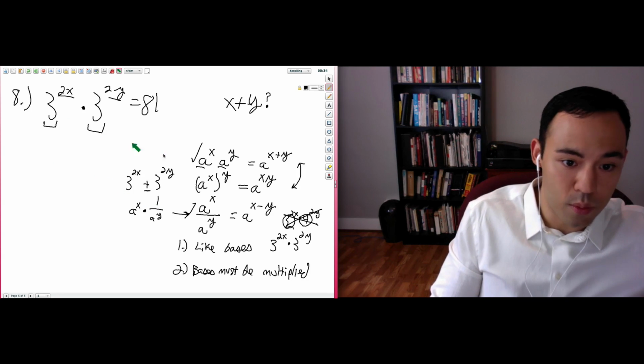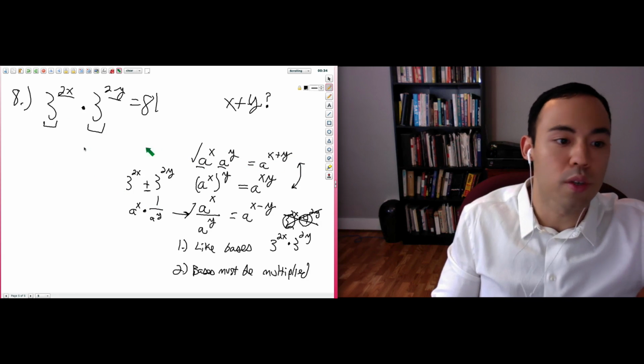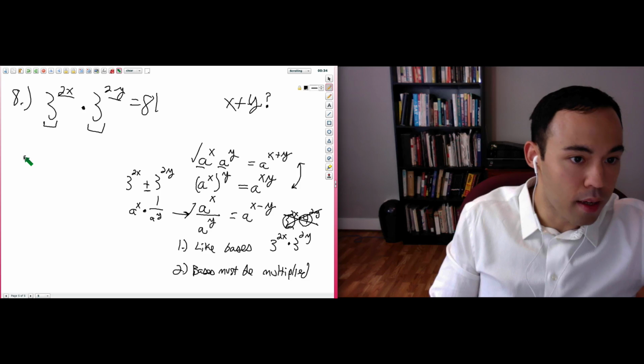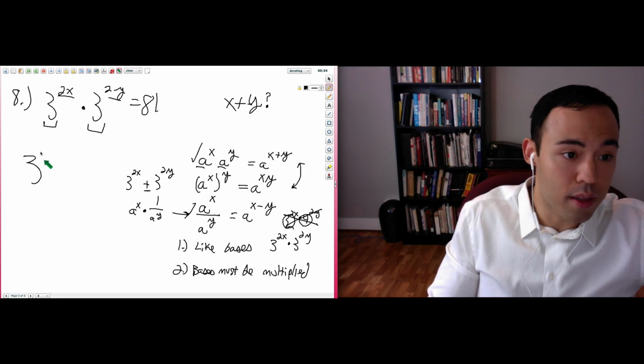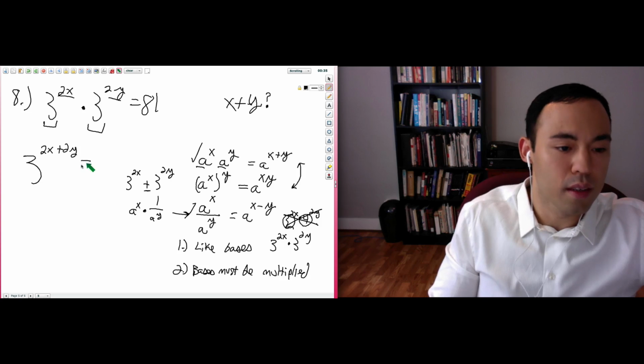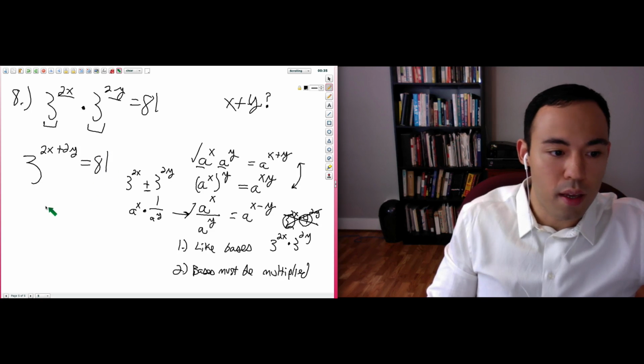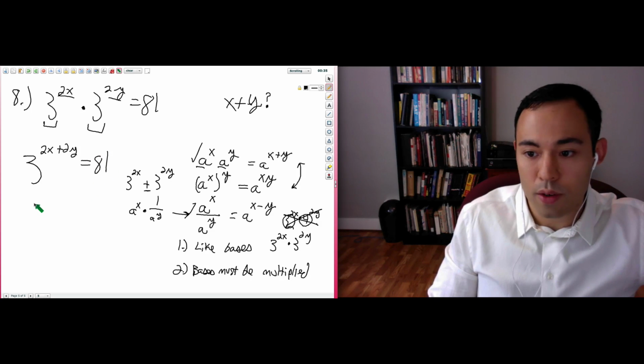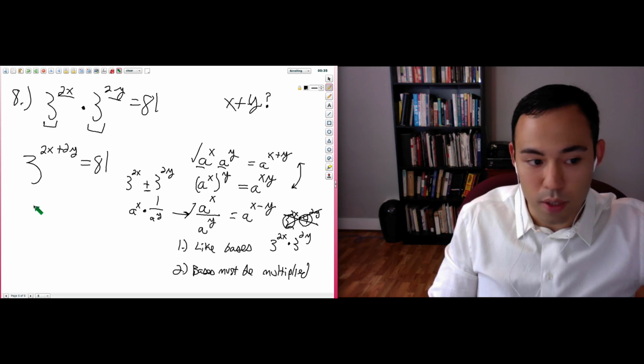Okay, but we're able to apply this first rule here, and so we have 3 to the 2x plus 2y equals 81. Now, can you think of a power of 3 that equals 81?